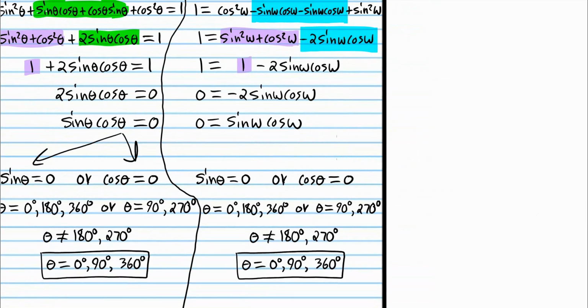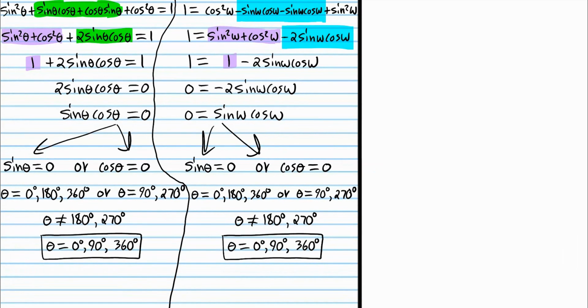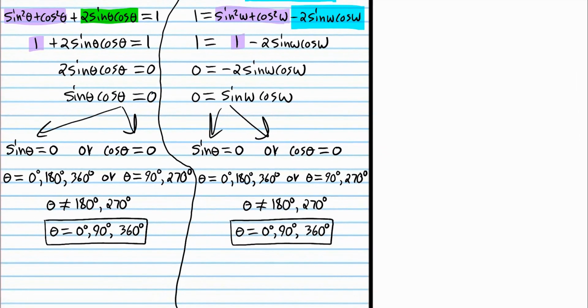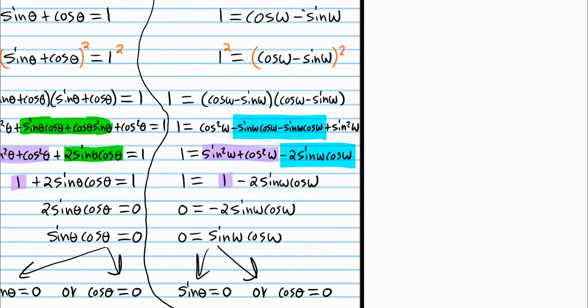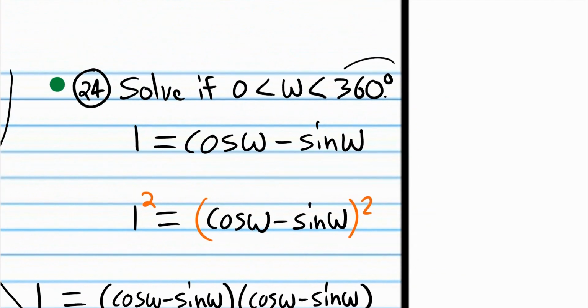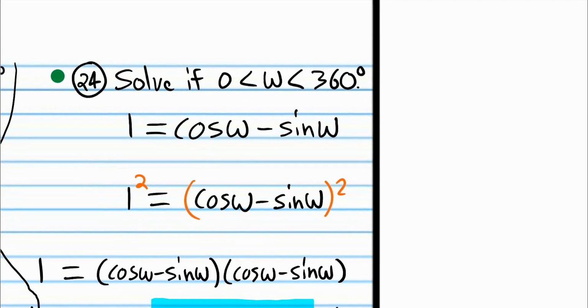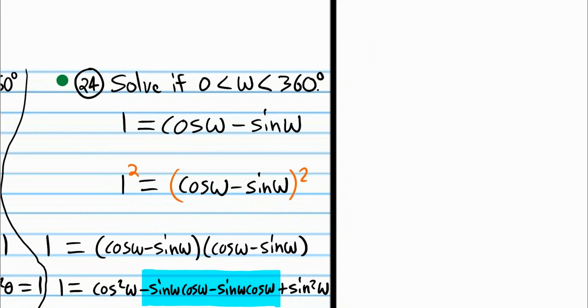Okay, so now we have to figure out which solutions are extraneous and which are not. So now 0 and 360 can't be part of our solutions because we have less than symbols, not less than or equal to, so we don't have to check 0.